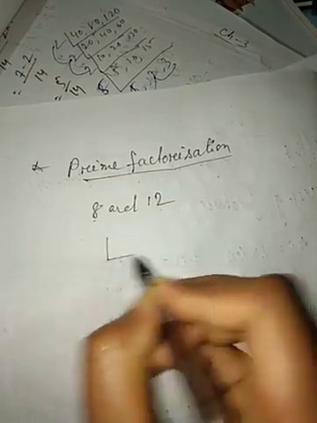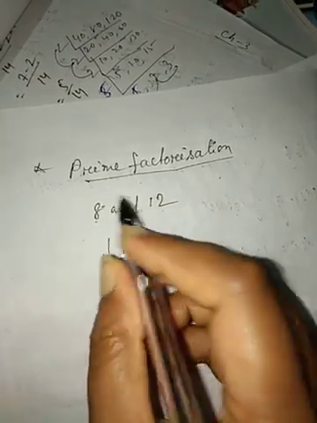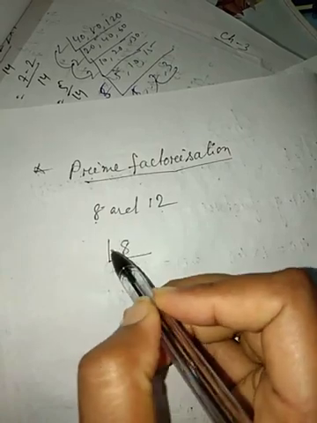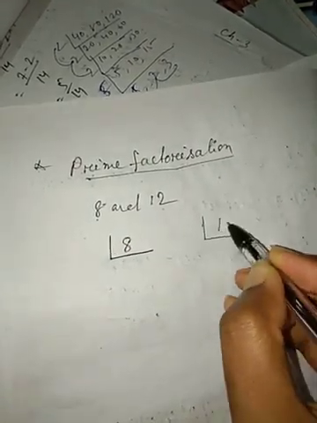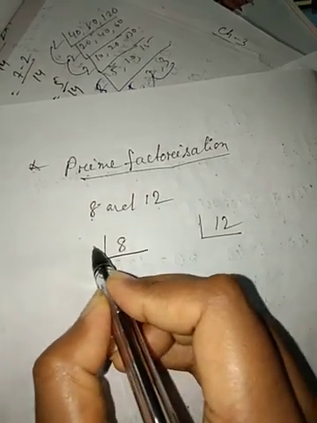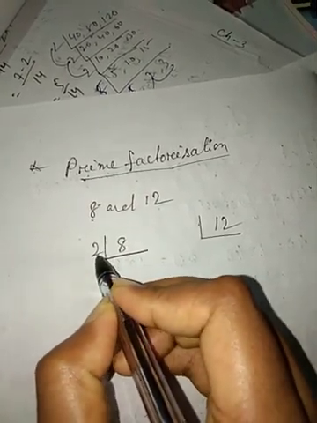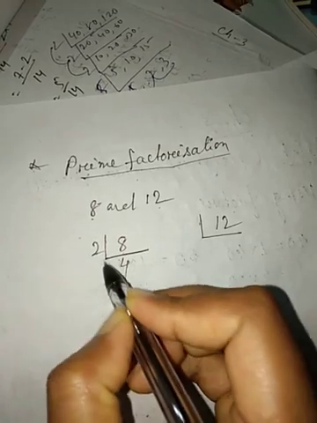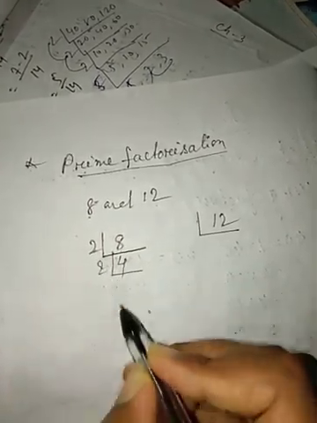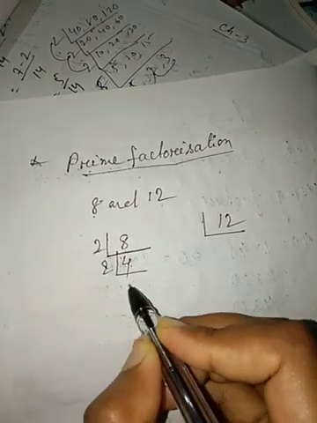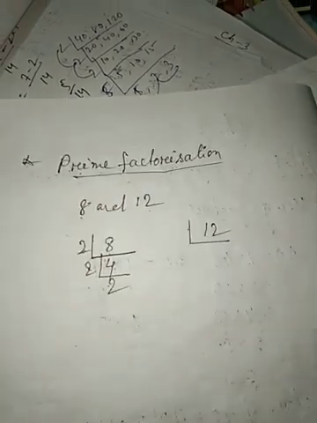In prime factorization, we divide 8 like this. First we divide by 2. 2 4s are 8. 4 is also divisible by 2. So 2 2s are 4.